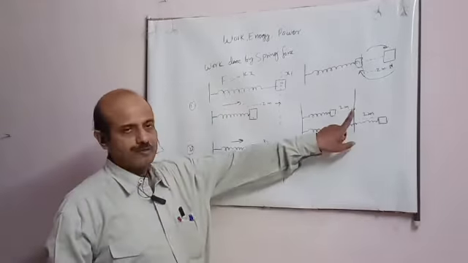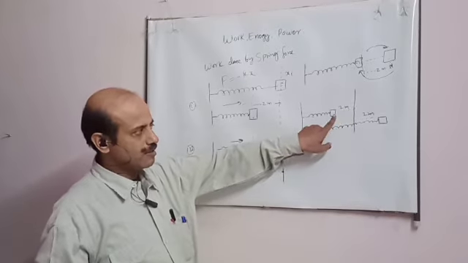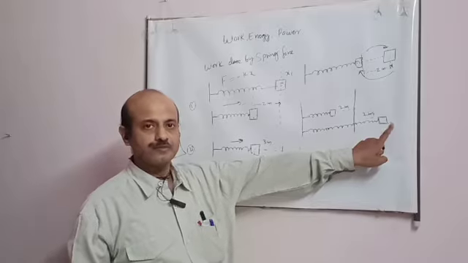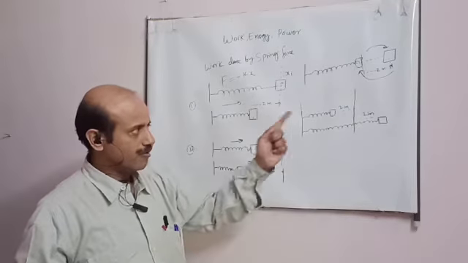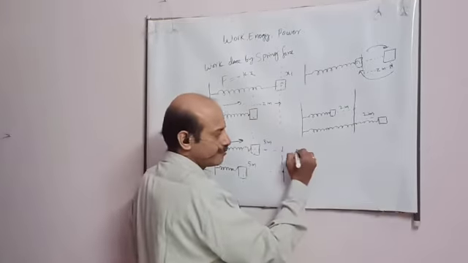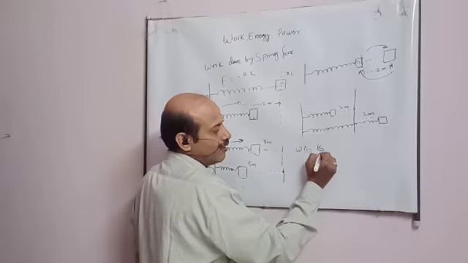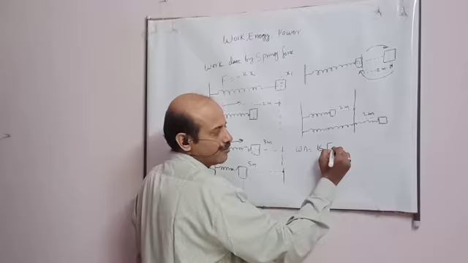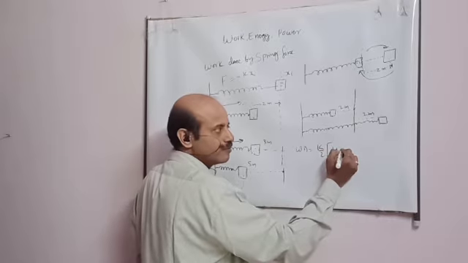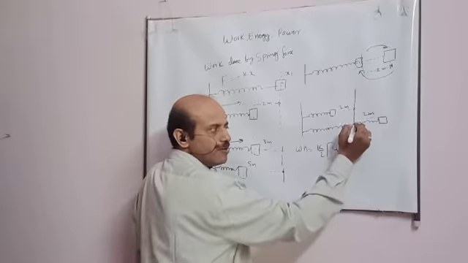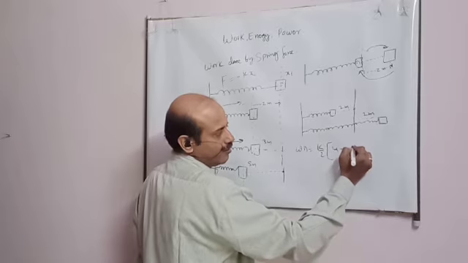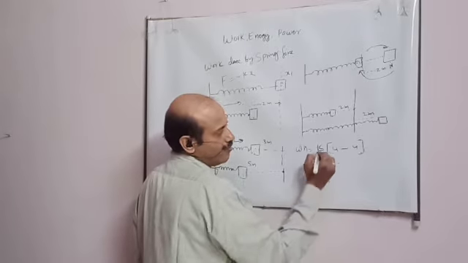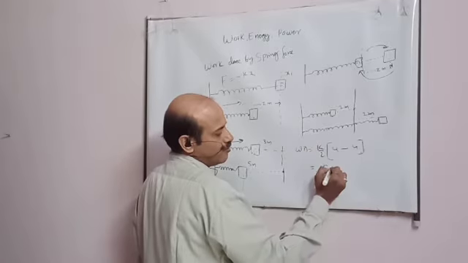This is the original length of the spring. From here 2 meter compressed, and from here again 2 meter from this side. So how much is the work done in this case? K by 2, student. Initial position 2 square, 4. Final position, student, again 4. So in this case, student, total work done from here to here is 0.